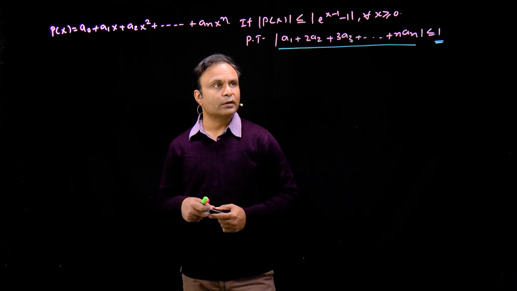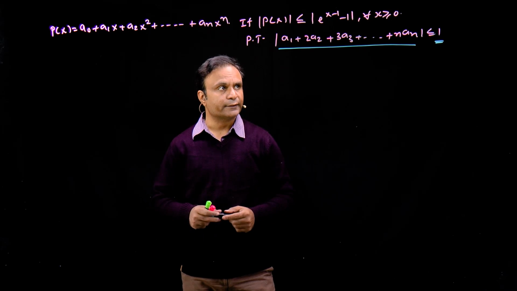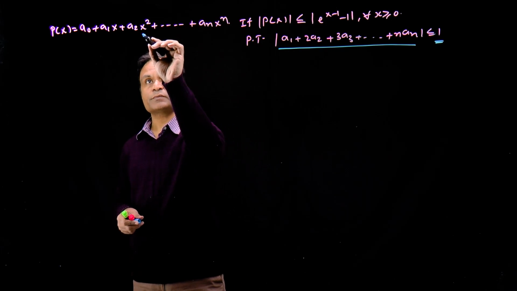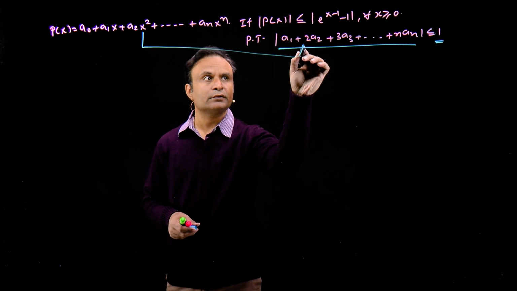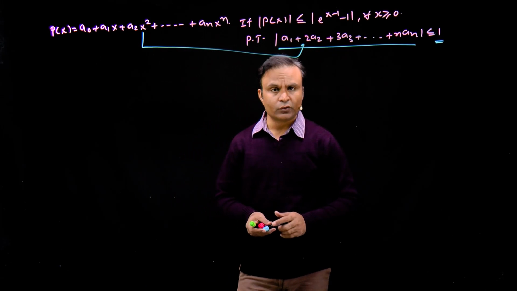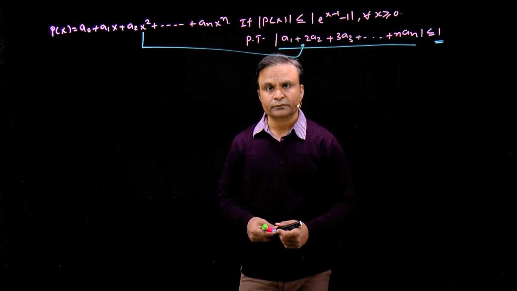Okay, now how do we start the question, what should we observe in this data? Can you relate this polynomial with this expression a1 plus 2a2 plus 3a3 up to n times an?